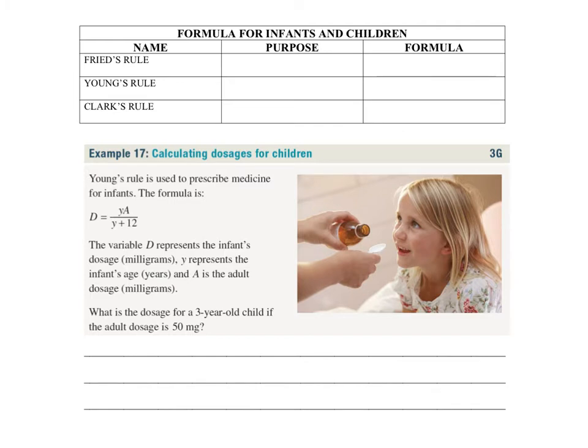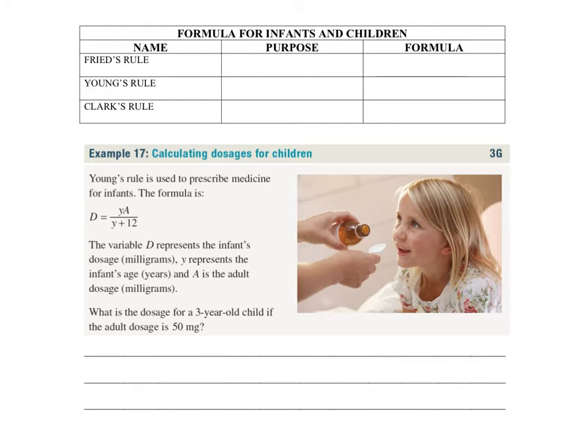what we're looking at now are Fried's, Young's and Clark's rule. This is a rule which is used to calculate the required dosages for infants or for children. Because obviously, like you'll see on the back of a Panadol packet, it might say 2 tablets for an adult, but for a child it might be 1 tablet.